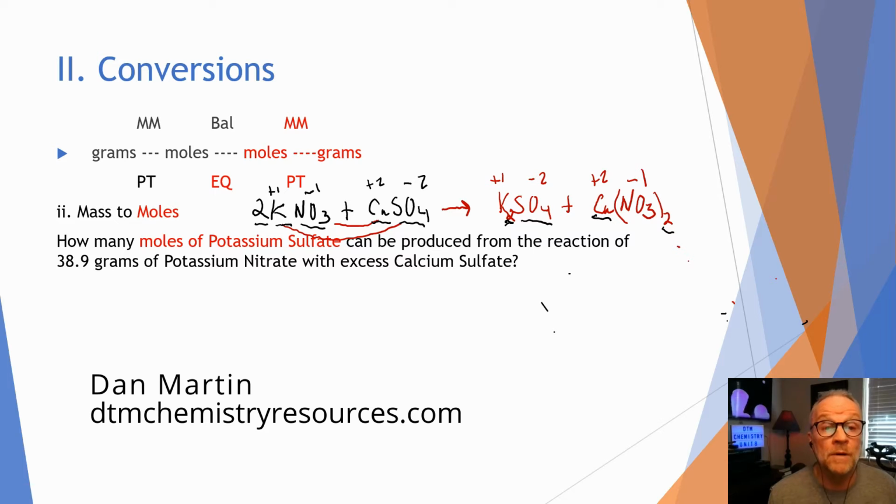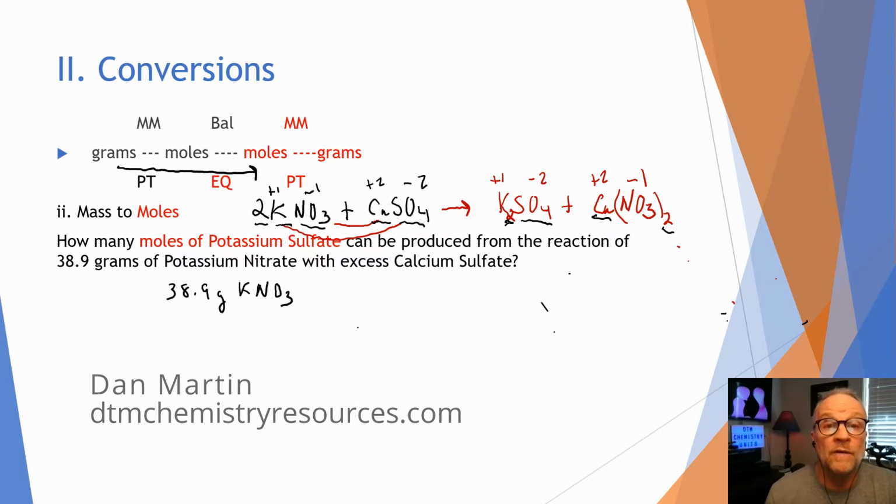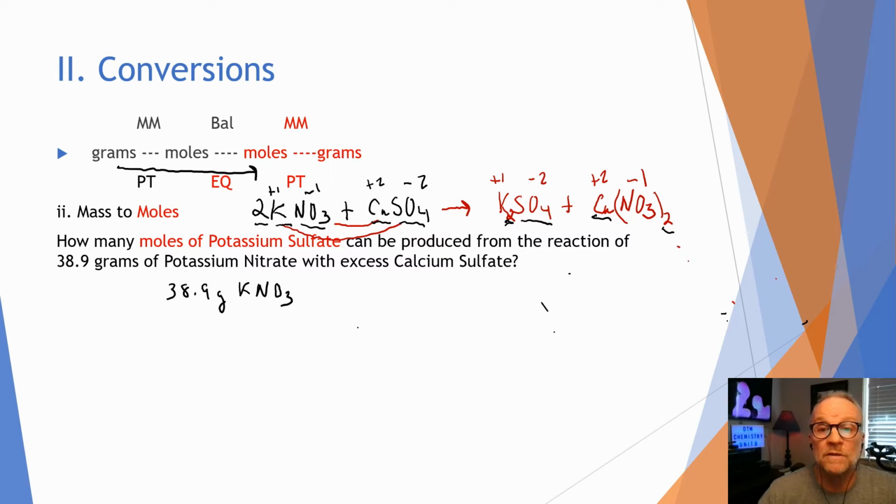Alright, so the first step would be to write down what we're given, which is 38.9 grams of potassium nitrate. We are given grams, and we're asked to solve for moles of another chemical, the potassium sulfate.